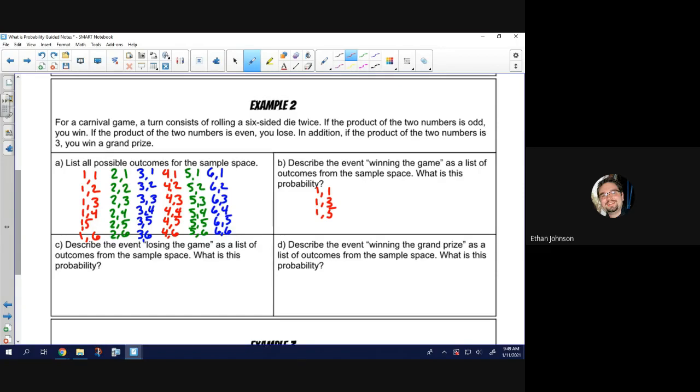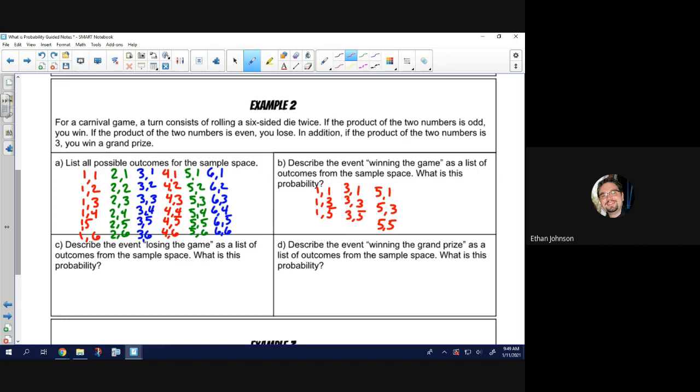So none of the numbers can be even, so I can't do any of the 2 column. I do a 3 and a 1, 3 and a 3, or a 3 and a 5. Can't do the 4 column. I do a 5 and a 1, a 5 and a 3, 5 and a 5, and I can't do any of the 6 column.